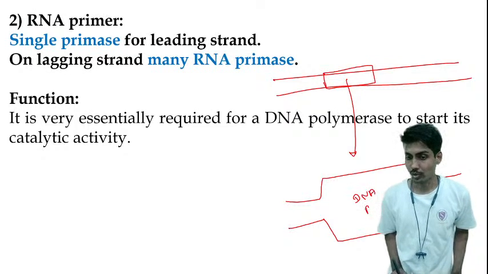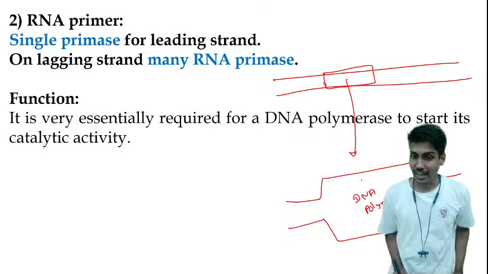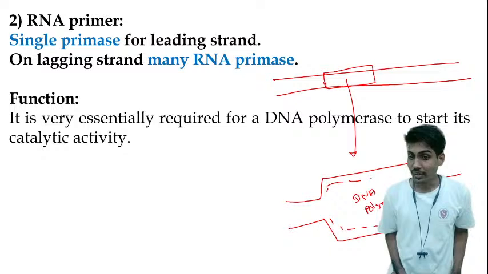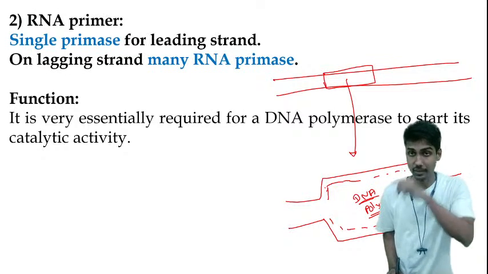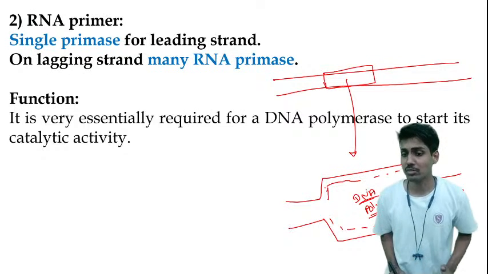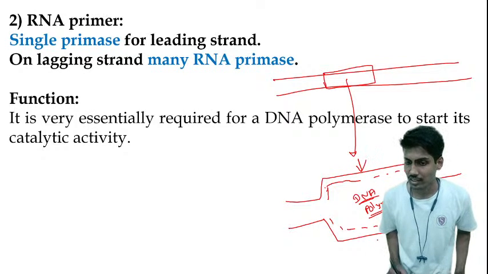But this DNA polymerase cannot synthesize the daughter strand directly on this fork. It requires some primers to get attached with. This DNA polymerase requires proteins which help it get attached to the DNA strand. These are the two parent strands, this one and this one.